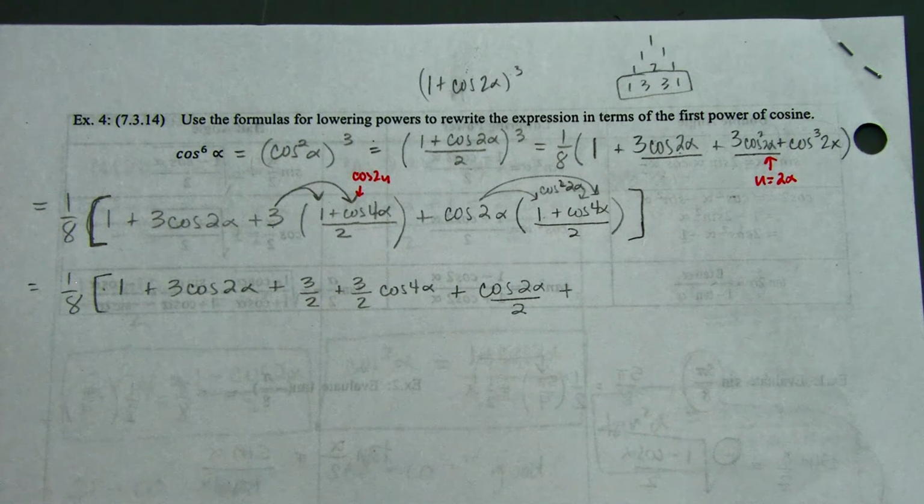Are you allowed to multiply those angles together? Can you take cosine alpha times cosine beta? Are you allowed to multiply those together?